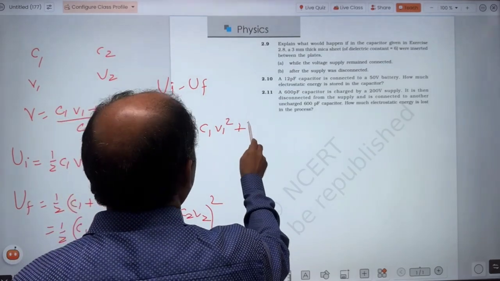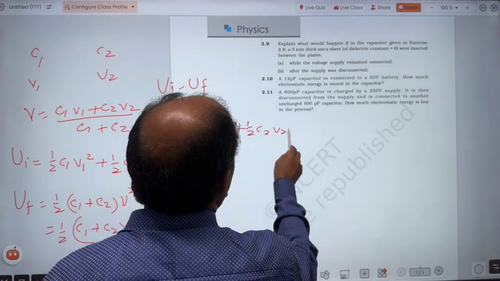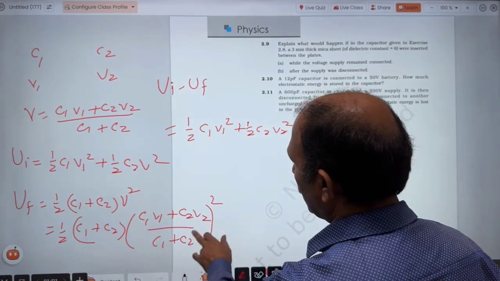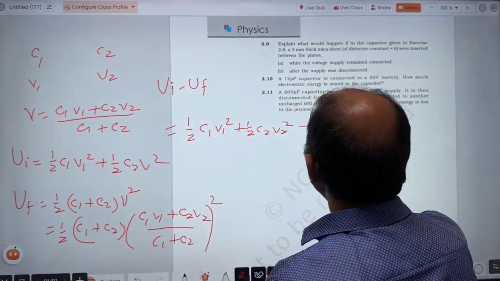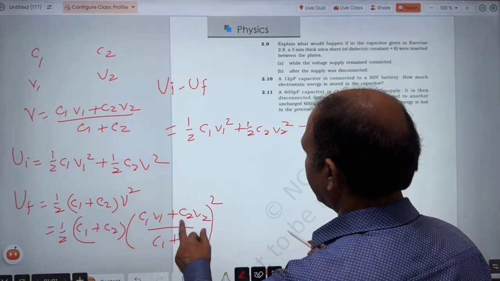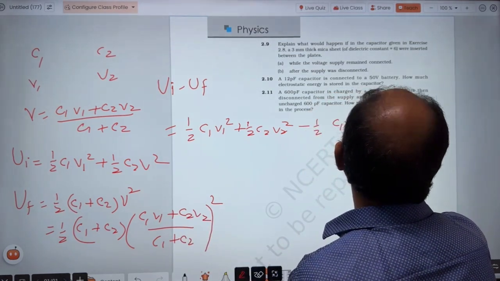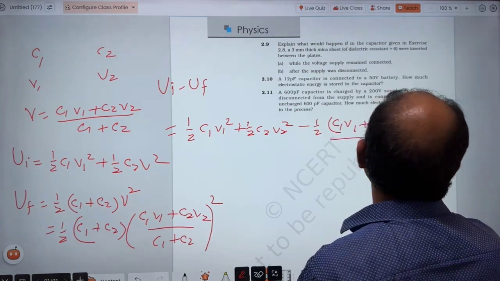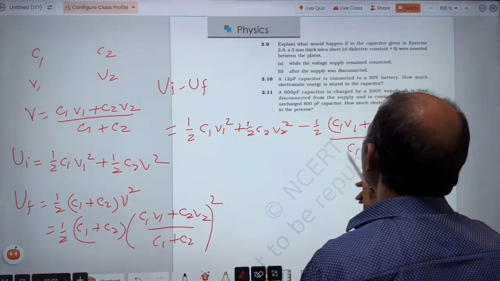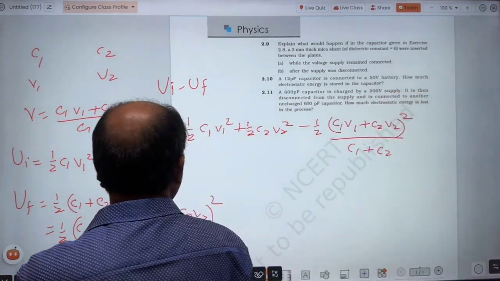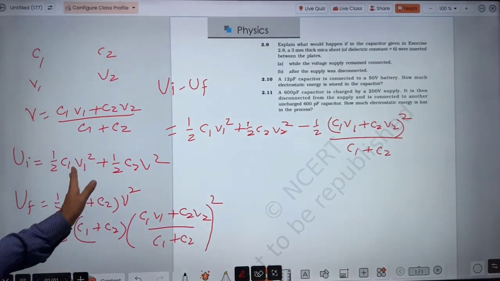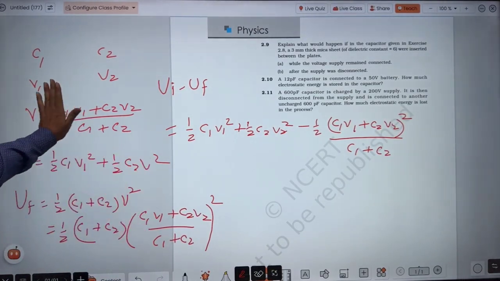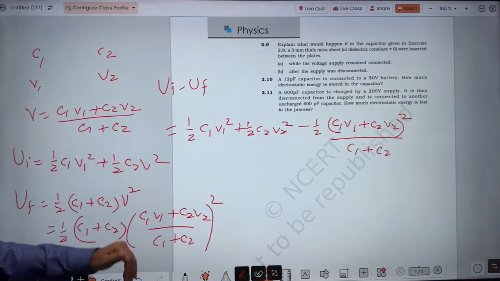Now in our situation, what is happening? Here a 600 picofarad capacitor is charged by a 200 volt supply. So C1 is given as 600 picofarad and V1 is given as 200 volt. C2 is another uncharged capacitor of the same value, 600 picofarad, and voltage V2 is 0 because it is uncharged.